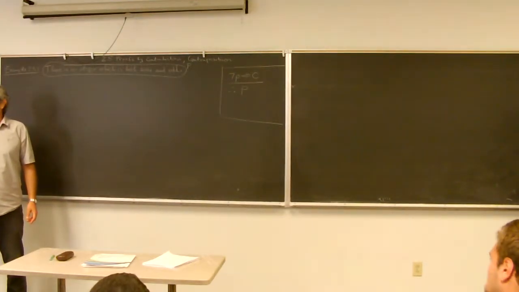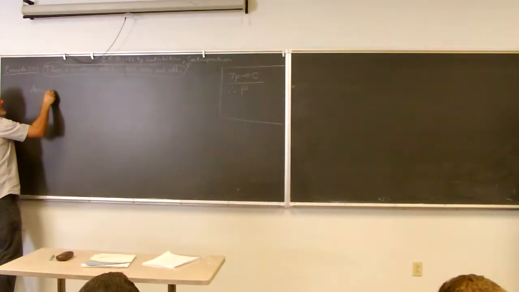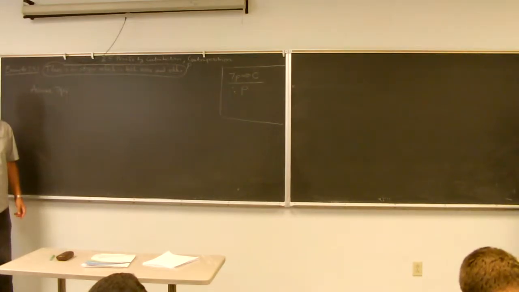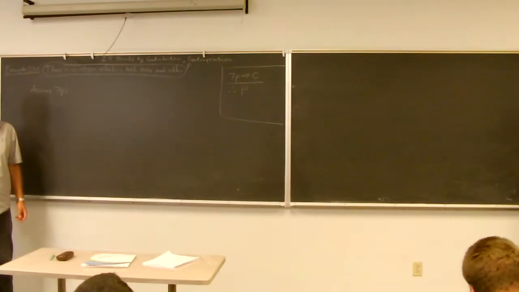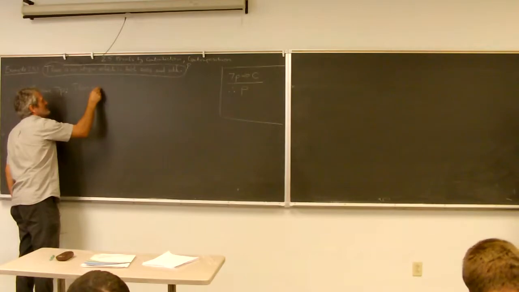The negation of P. So assume not P, which would be that there is such an integer. Here it says there is no such integer; you will assume the opposite. There is such an integer.